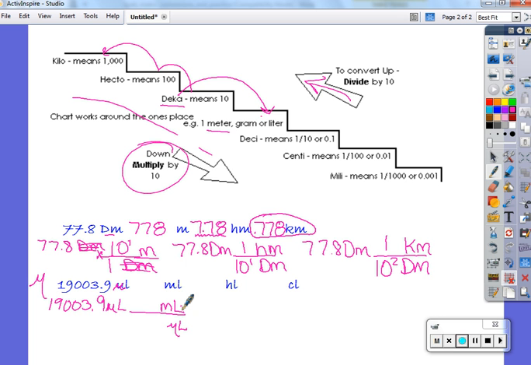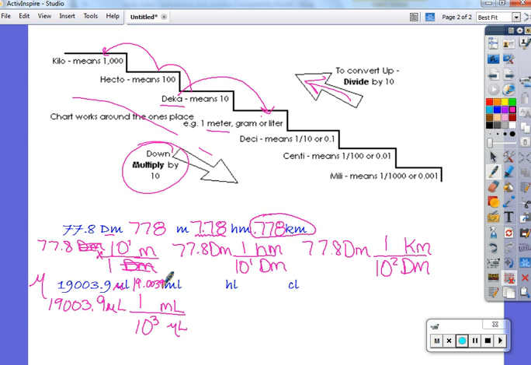So if there's 3 spaces and micro is smaller, that means there's 10 to the 3 microliters in 1 milliliter. So now let's just divide by 10 to the 3rd power. So I get 19.0039 milliliters.